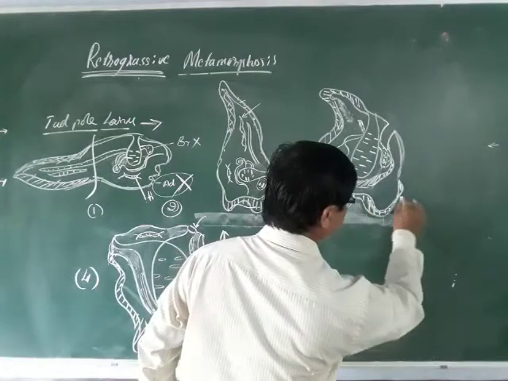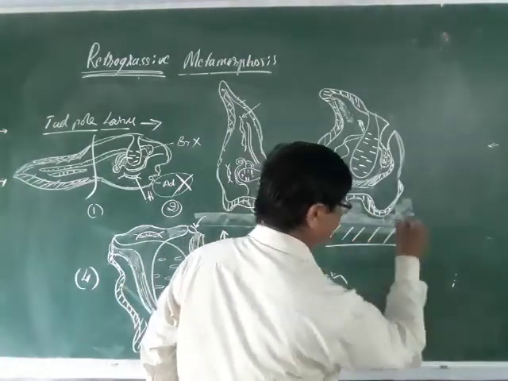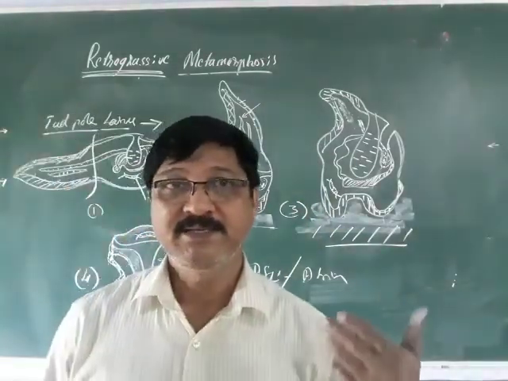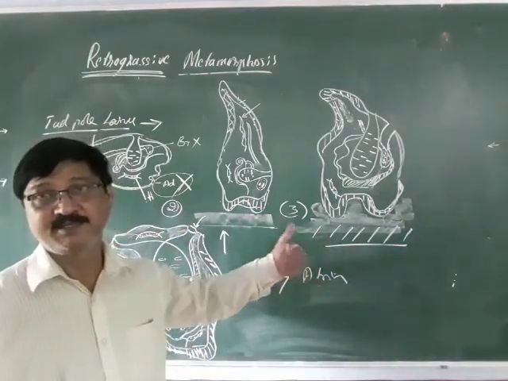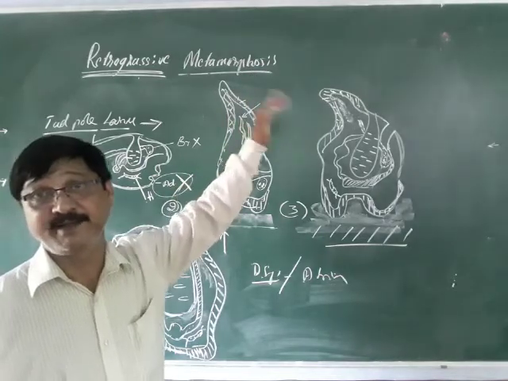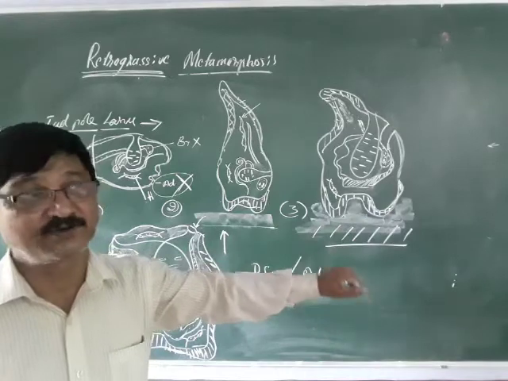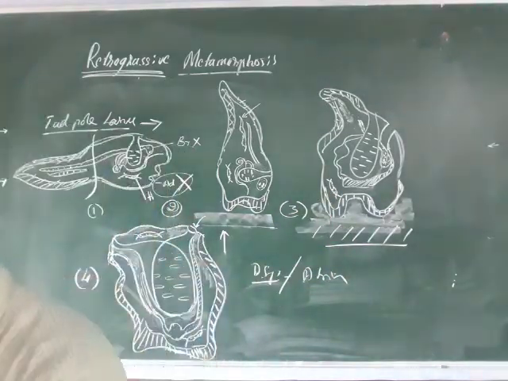This becomes permanent, or you can say immovable, static, sedentary form. In the beginning it is movable, free swimming, and ultimately when it attaches to the substratum, it becomes completely sluggish, immovable, sedentary.